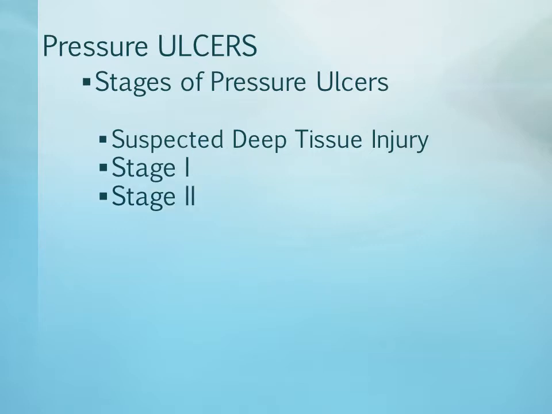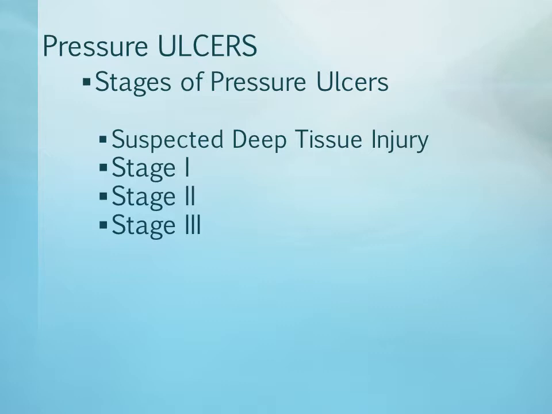In stage 2, the skin is broken. The ulcer is superficial, causing partial thickness loss of the epidermis and the dermis, and may appear as a blister or a shallow crater, and/or an abrasion with no bruising. Stage 3 includes full thickness skin loss. The subcutaneous tissue is damaged or necrotic.